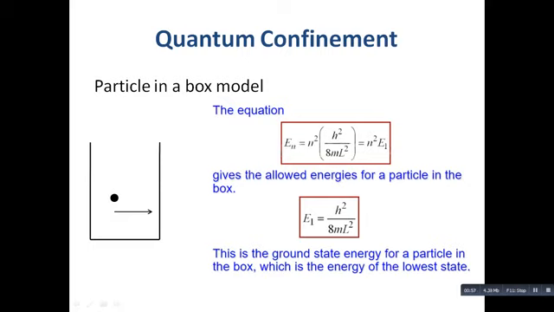So h is Planck's constant, m is the mass of the particle, L, capital L, is the length of this confined dimension, and n is an integer.